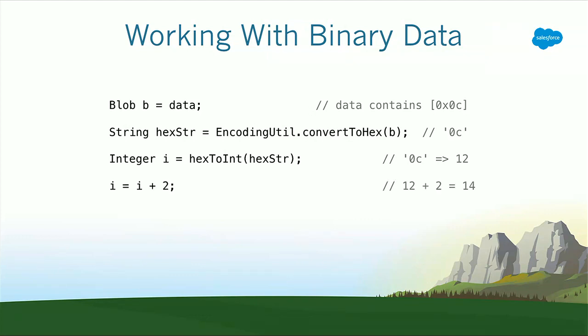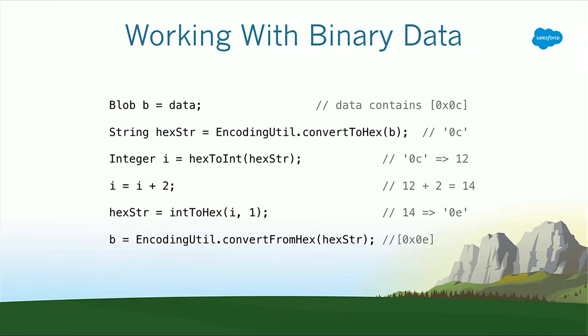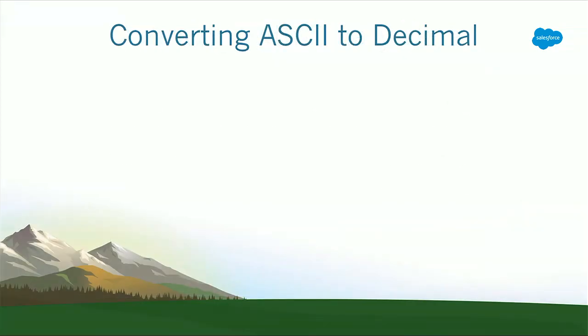We store it into this variable. At this point, we're able to add 2. So we're going to get 14. And then we do the reverse operation. We convert the decimal into a hex string again, and then we can convert the hex string back into binary. So problem solved, sort of.